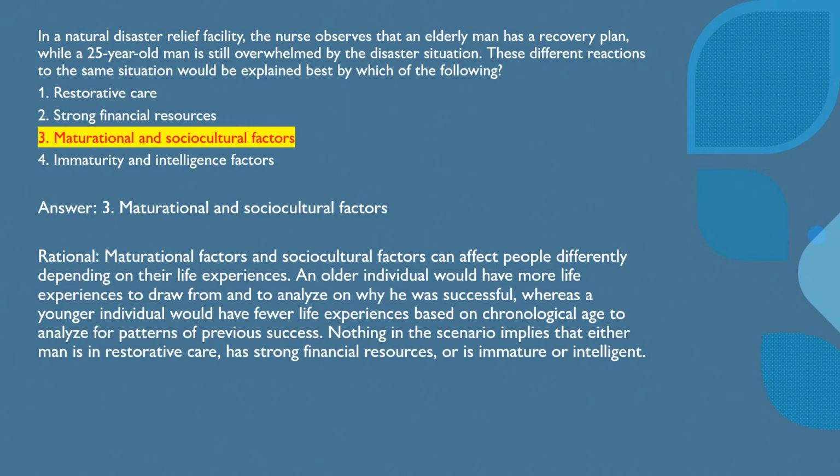Rationale: Maturational and socio-cultural factors can affect people differently depending on their life experiences. An older individual would have more life experiences to draw from and to analyze on why he was successful, whereas a younger individual would have fewer life experiences based on chronological age to analyze for patterns of previous success. Nothing in the scenario implies that either man is in restorative care, has strong financial resources, or is immature or intelligent.